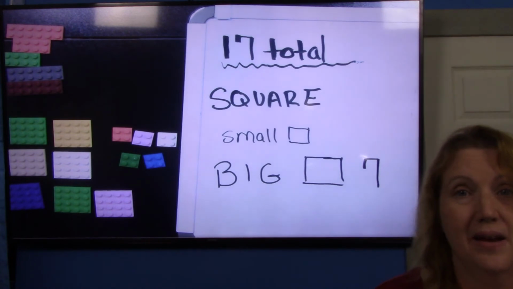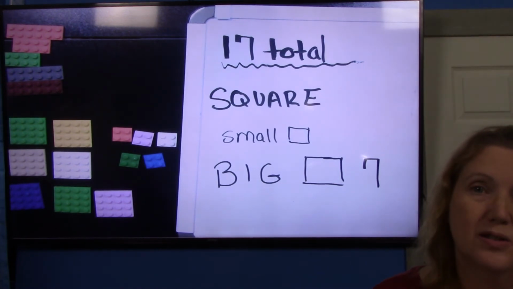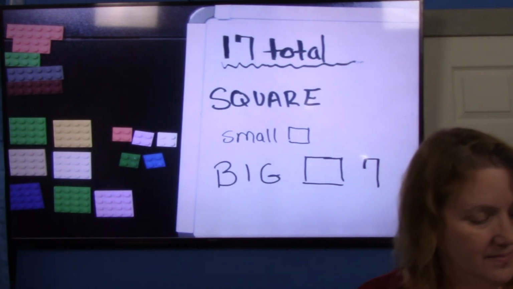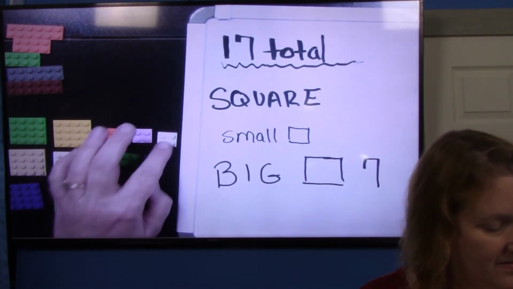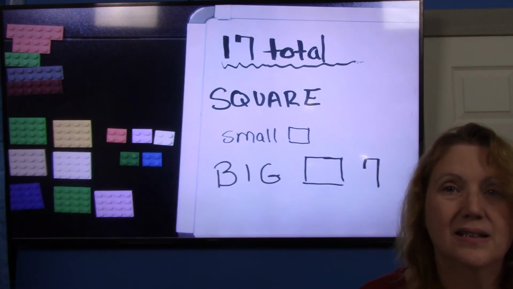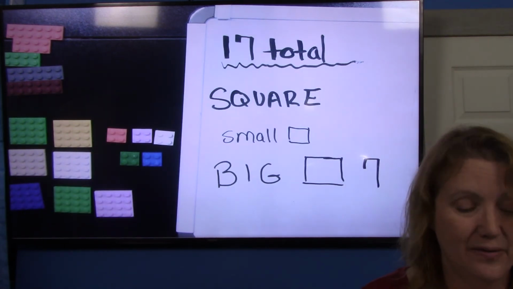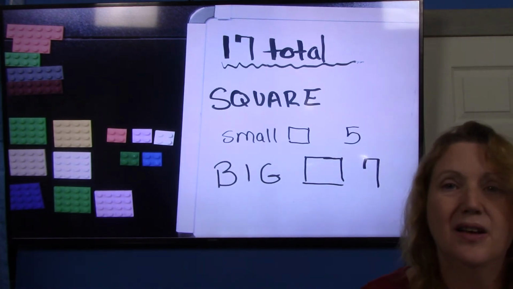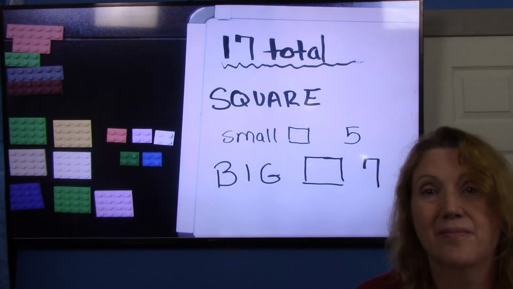Hopefully you got the same. How many small squares do we have? Go ahead and put your answer in the chat. I counted 5. I have 5 small squares. Hopefully you got the same.